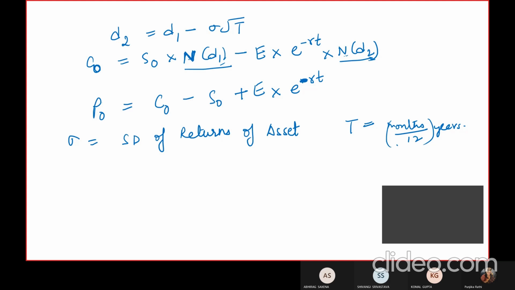Then we have, after this Black-Scholes option pricing model. How many models we have discussed? We have discussed two models of option pricing.